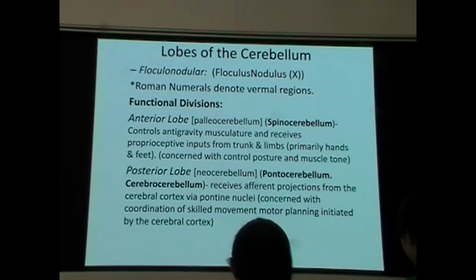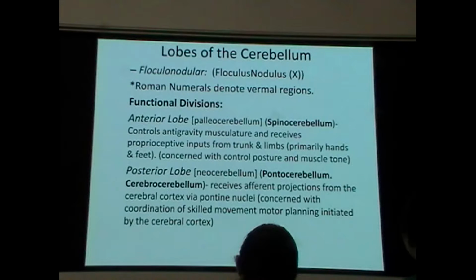And floccular nodular lobe, the flocculus and the nodulus. Flocculus means flower. Okay, so the nodulus is a central enlargement in the center. The flowers are on the extremes, on the left and right. And once again, Roman numerals define this little vermal area. You'll see this in a second.